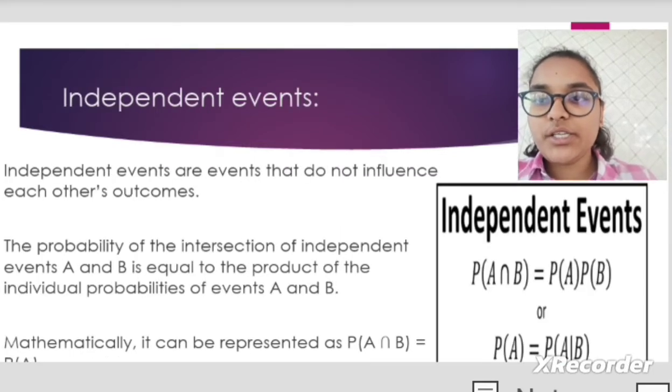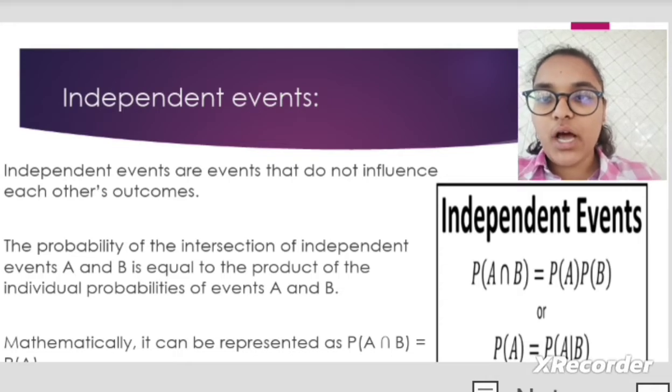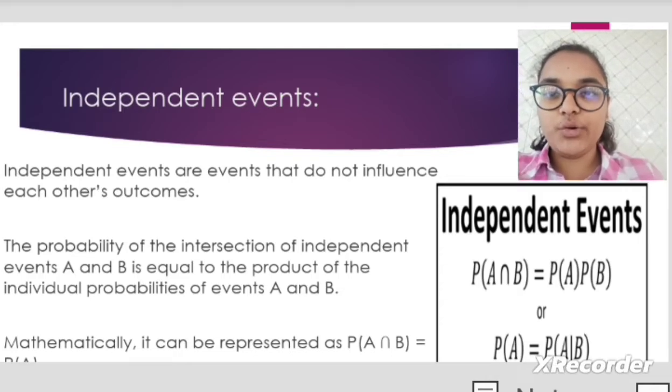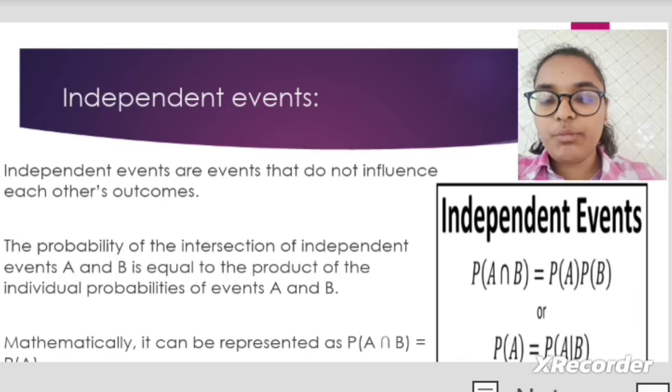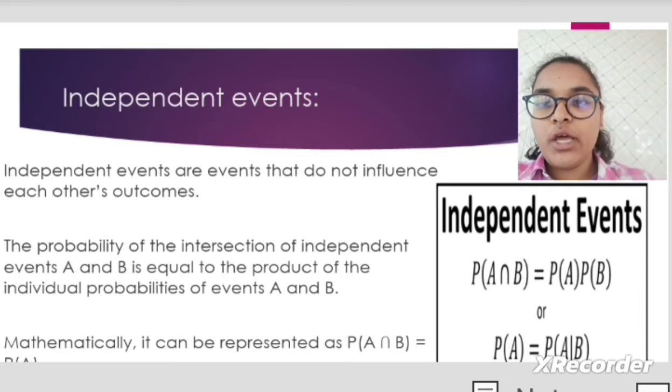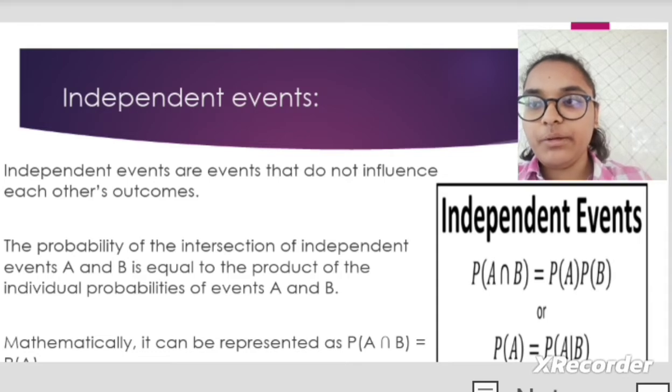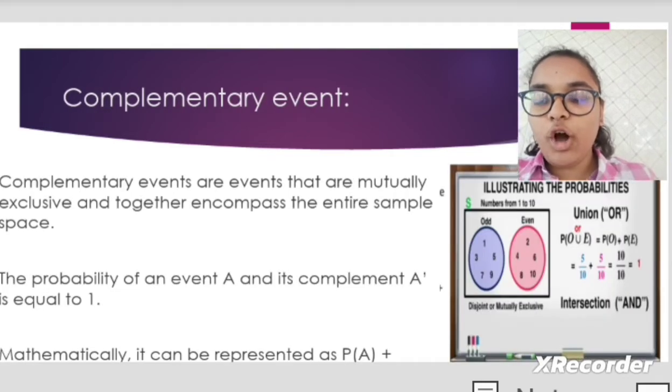Next is independent events. Independent events are events that do not influence each other's outcomes. The probability of the intersection of independent events A and B is equal to the product of the individual probabilities of events A and B. Complementary events.